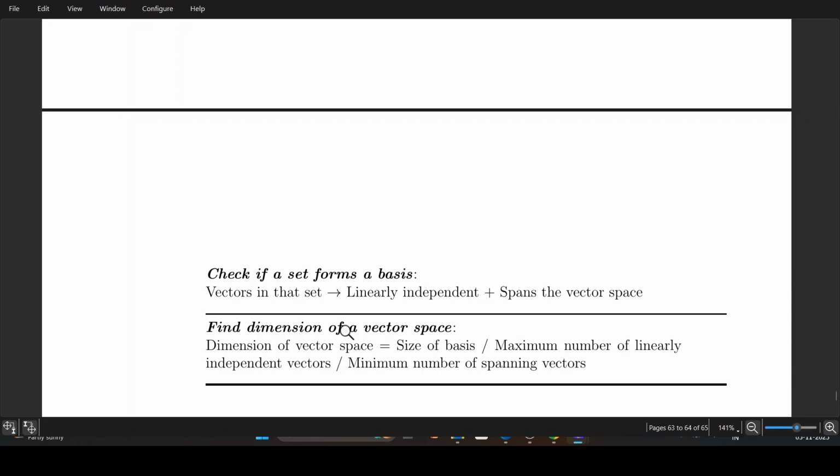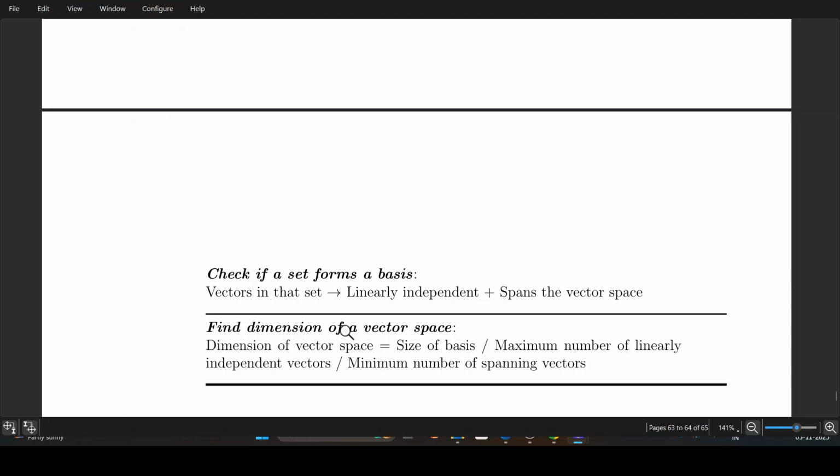So they form a basis of R2. That's how you find it. You just need to check if the vectors in that given set are linearly independent and span the vector space, not or, and. So they should do both. If either one is not satisfied, then it is not a basis.